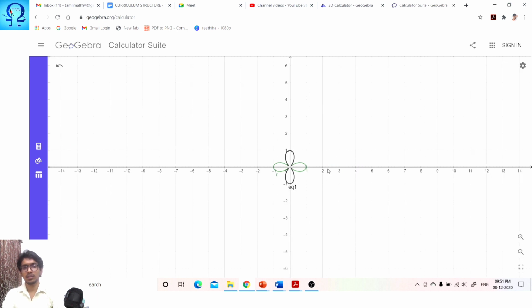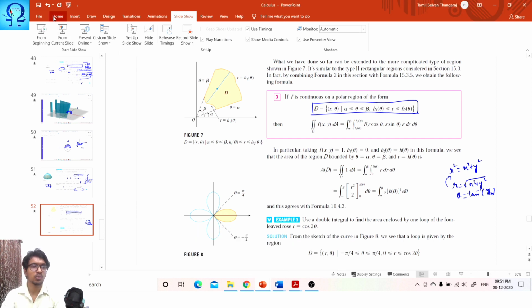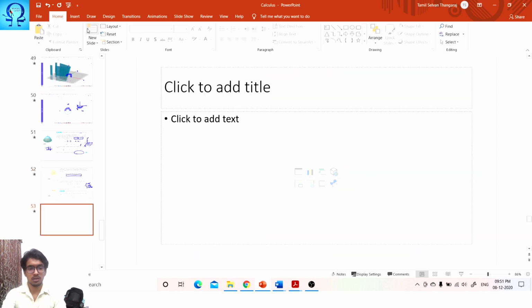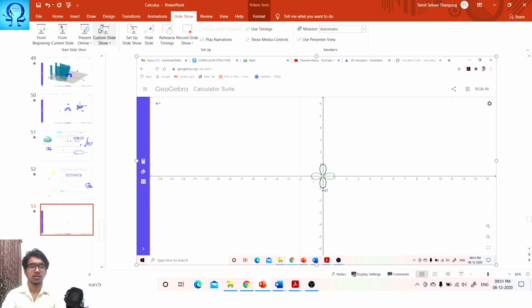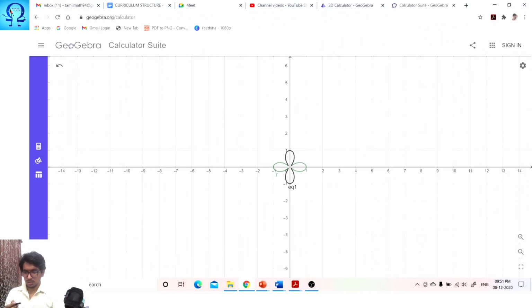So this is what we actually have, and we have to find the area of one particular petal. Let me come back to this and paste it here.